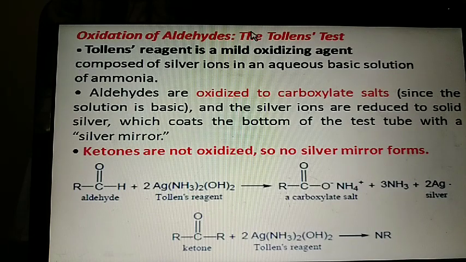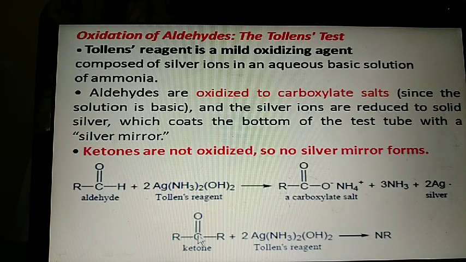Now, oxidation of alcohols by Tollens reagent. How can we easily differentiate aldehydes and ketones using Tollens reagent? We have studied this well in the second semester practical examinations, in the regular lab. Tollens reagent means the silver test or silver mirror test, used to differentiate aldehydes and ketones. Aldehyde will result in a carboxylate salt, and ketone will never give any salt.